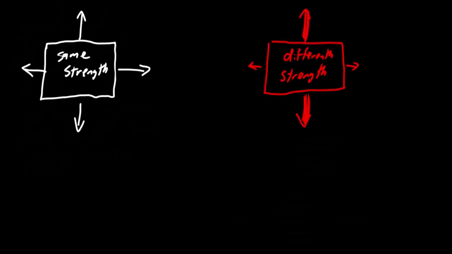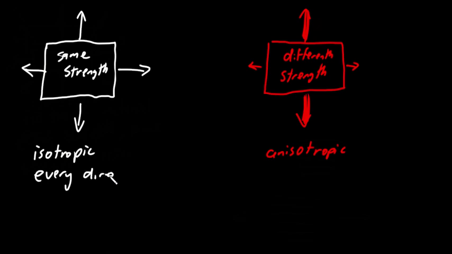The technical terms for each of these: this is what you call isotropic, and this is what you call anisotropic. The "an" is like the opposite. Iso means same, so same direction, every direction, same strength.